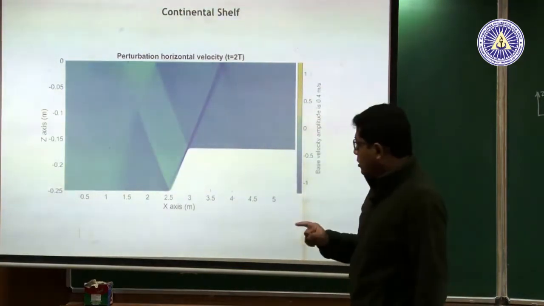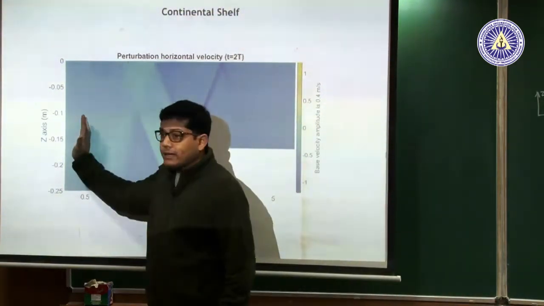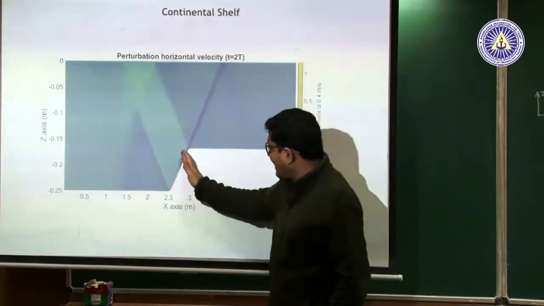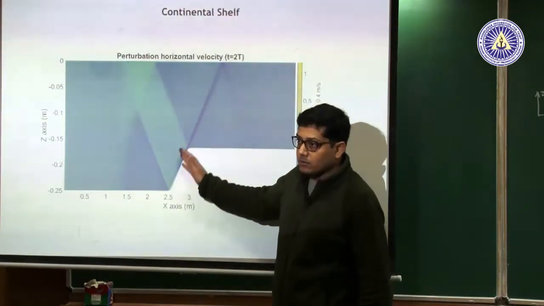Okay. So say a tide has a velocity of say 0.1 meters per second, that gets 10 times amplified. Okay.